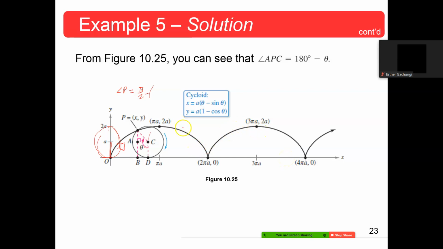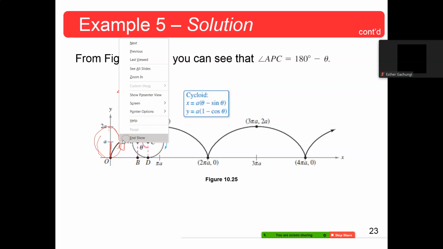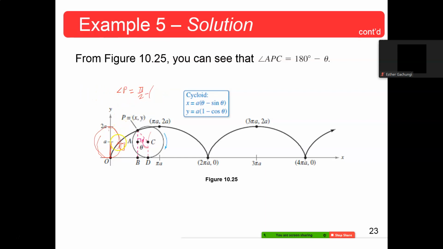So as cosine is cycling, when cosine is equal to 1, your Y is 0. When theta is pi halves, then cosine theta is 0, and you would just be at A. And that's the one I was pointing out to you before. If they had gone over here, your Y would have been the value A, right here.